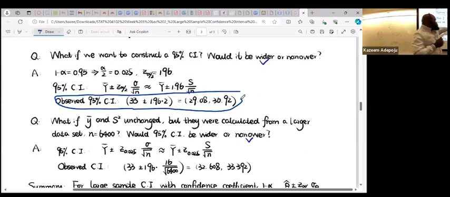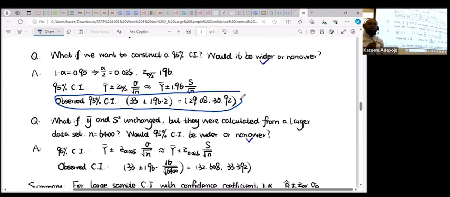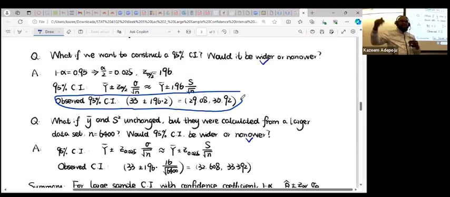This is 29.08 to 36.92. That will be wider compared to the 90% confidence level. Now, if everything stayed the same, when you increase the level of confidence, the interval is going to become wider. Does that make sense? Okay, that's what it means.